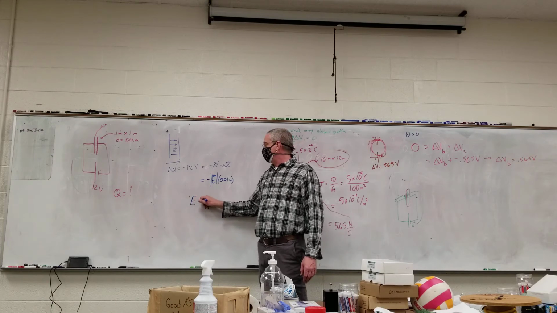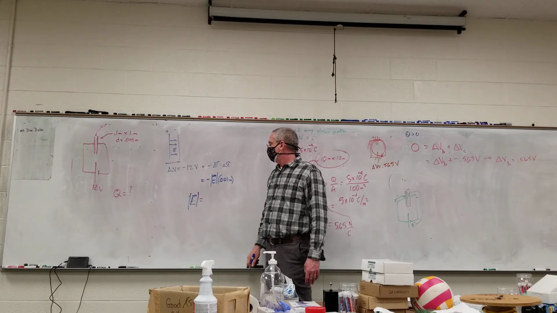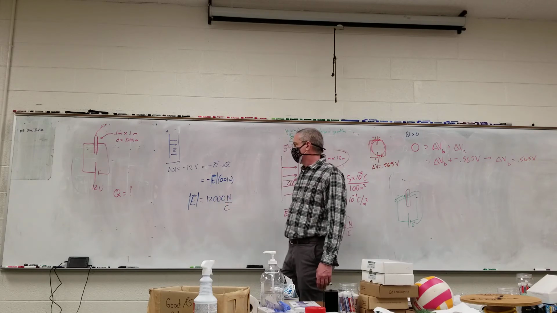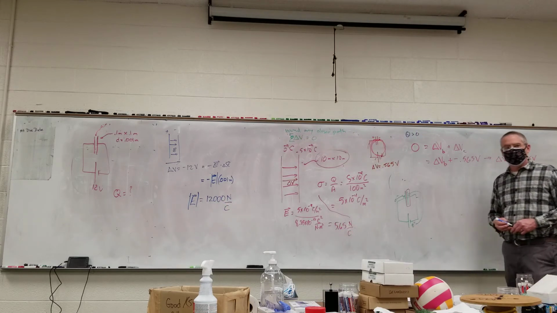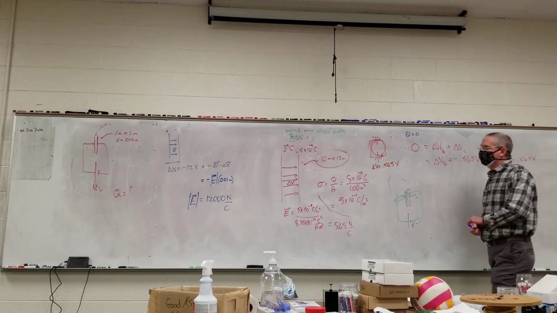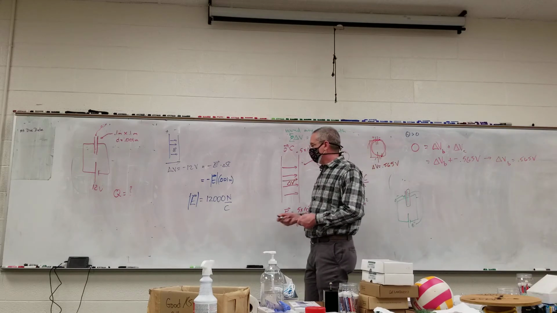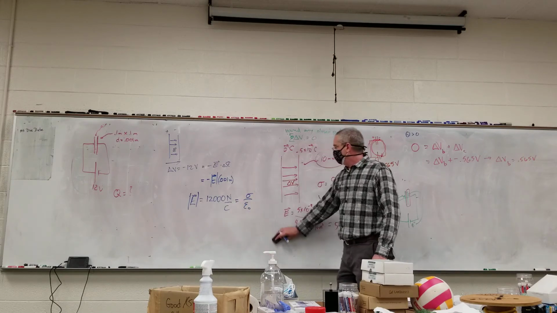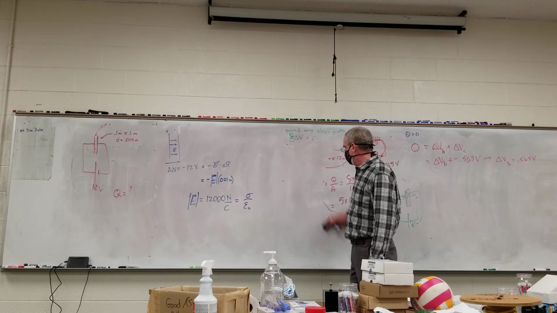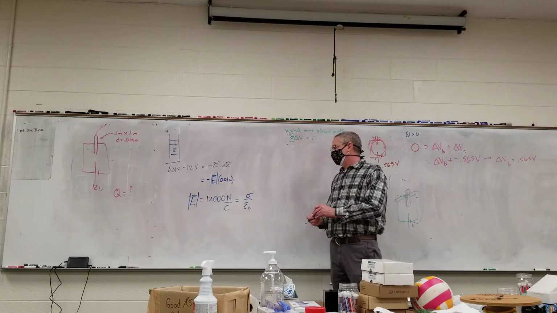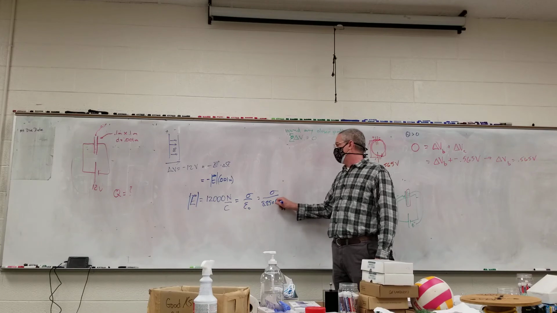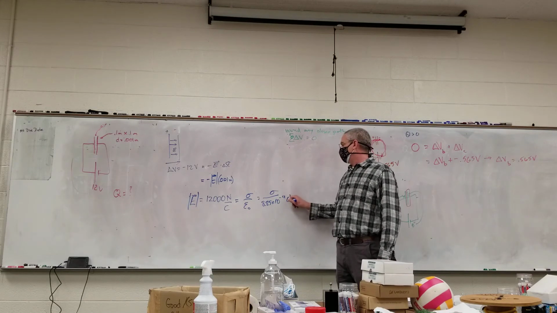So the magnitude of my electric field is 12,000 newtons per coulomb. And that's equal to sigma over epsilon naught, which is sigma over 8.85 times 10 to the negative 12 coulomb squared per newton meter squared.